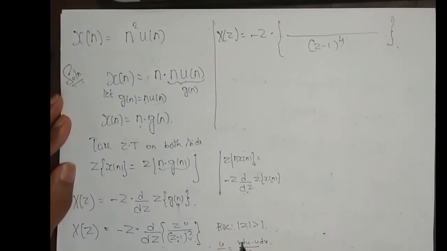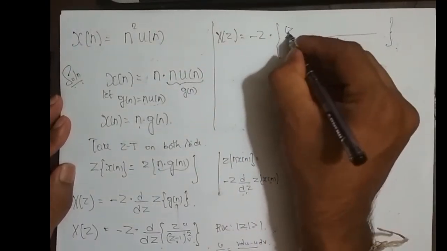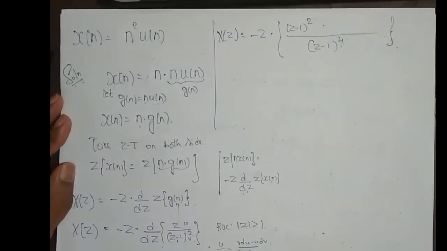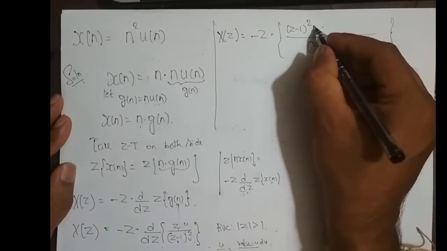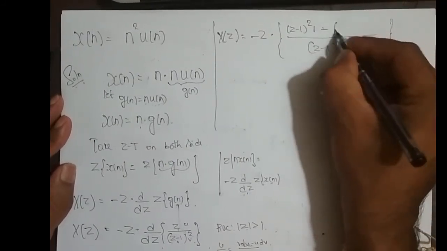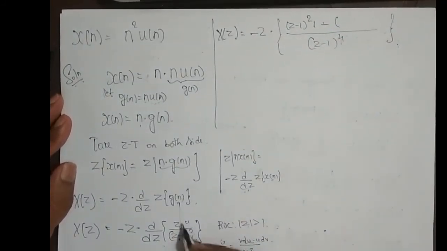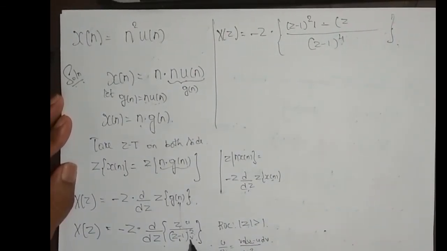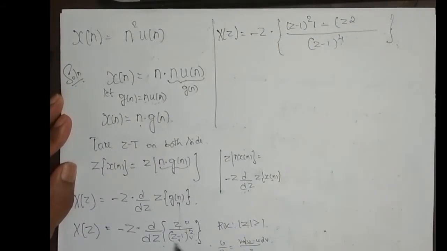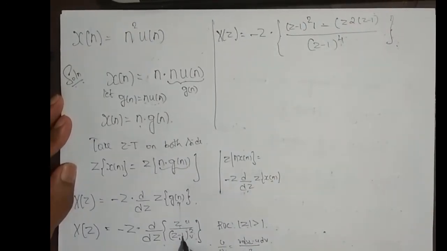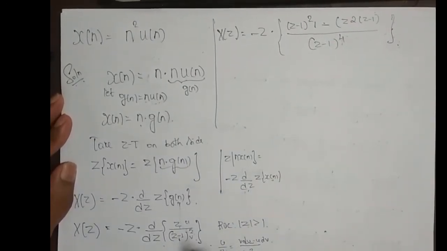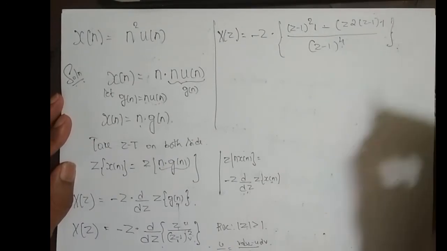Now, what is v? (z minus 1) whole square, right? Differentiation of u is z, so differentiation of z with respect to z is 1, right? Minus u, what is u? It is z, into differentiation of v. What is the differentiation of v? It is 2 times, what is the differentiation of (z minus 1) whole square with respect to z? It is nothing but 2 times (z minus 1) into differentiation of (z minus 1), but differentiation of (z minus 1) is 1 minus 0, which is 1.